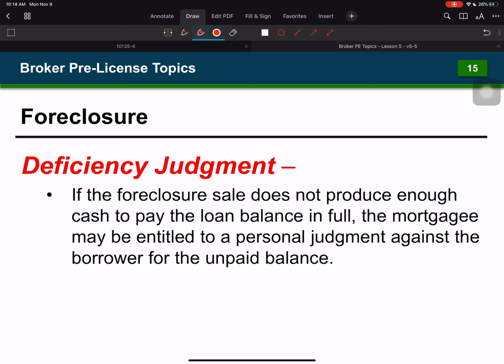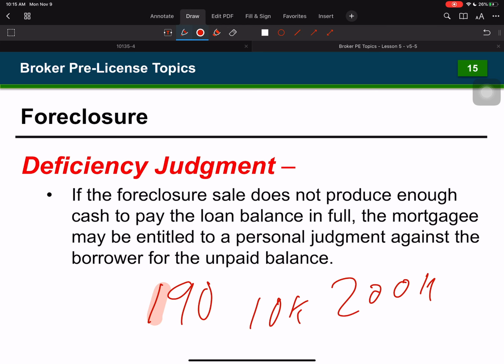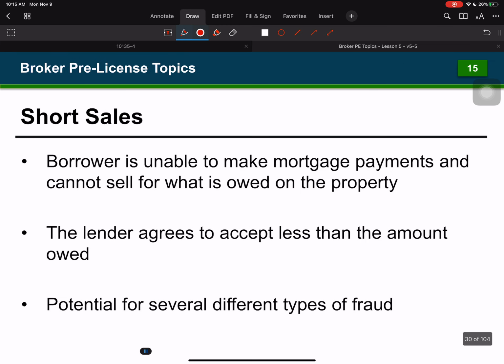So, deficiency judgment. If the foreclosure sale does not produce enough cash to pay the loan balance in full, the mortgagee may be entitled to a personal judgment against the borrower for the unpaid balance. So basically, remember, they sell it for $190K and they had $200K left on the loan, and so they could sue for that $10K. Deficiency judgment. Short sales: the borrower is unable to make mortgage payments and cannot sell for what is owed on the property.